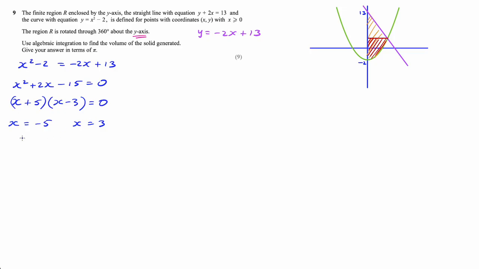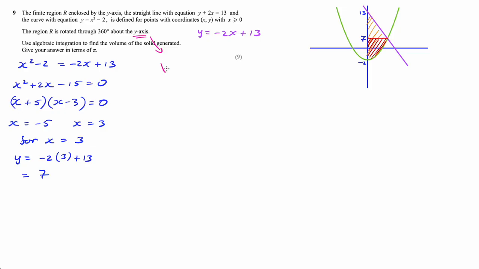So for x equals 3, y equals minus 2 times 3 plus 13, -6 plus 13 is 7. Okay, so this value here is 7. Okay, now our formula, guys, for volume of revolution about the y-axis is here.